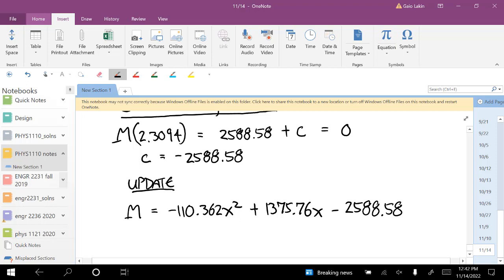Well, this time, because of round off and stuff, it didn't come out exactly like what we had before, but it's less than 1 Newton meter. So this is just round off error.